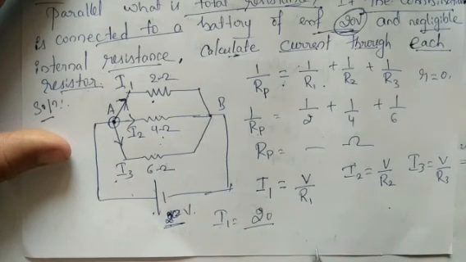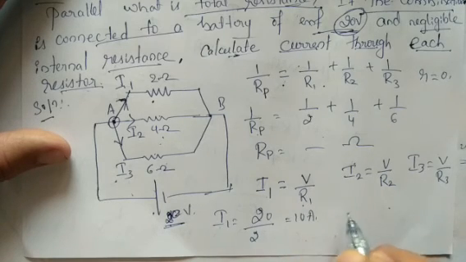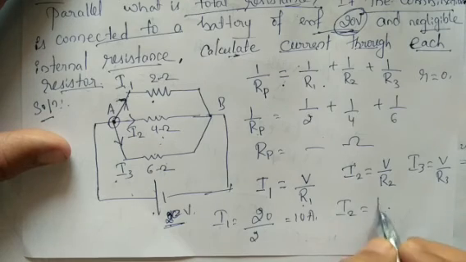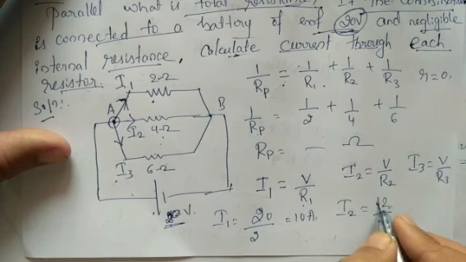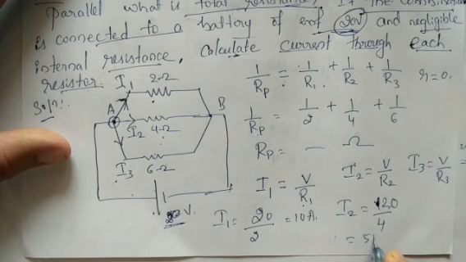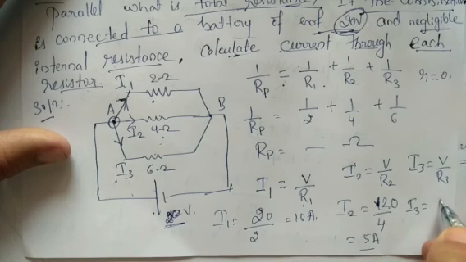So I1 is 20 divided by 2, which is 10 amperes. Similarly, I2 is 20 divided by 4 ohms, so the current is 5 amperes. Similarly, I3 is 20 divided by 6 ohms.